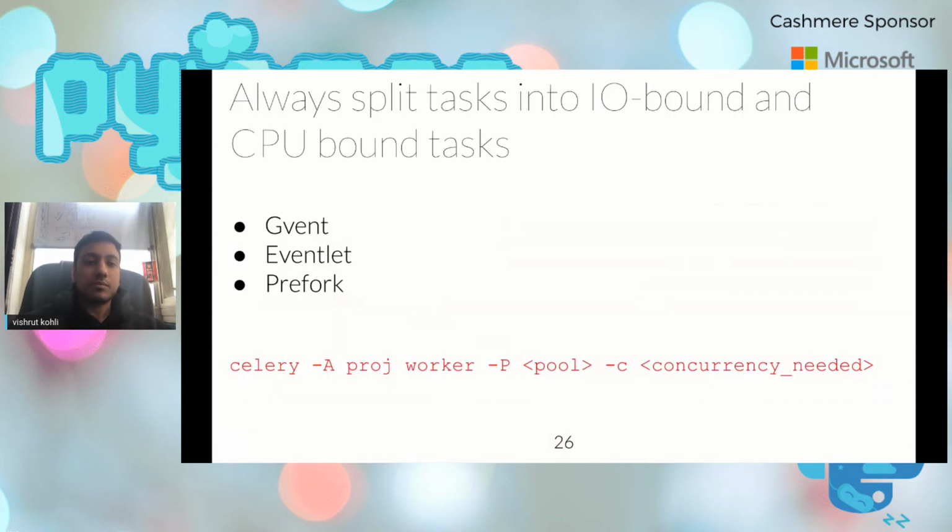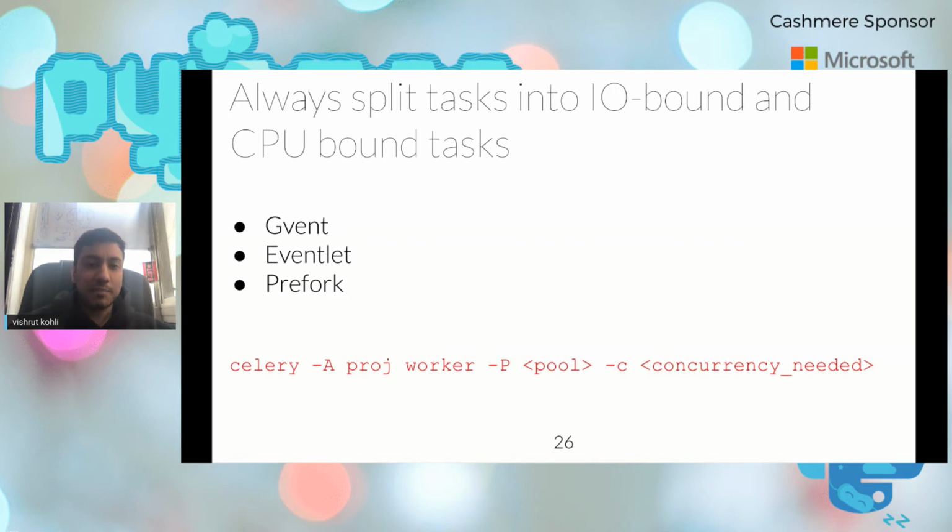So the next optimization would be to always split tasks into IO bound and CPU bound tasks. IO bound tasks are tasks in which a thread blocks the CPU and waits until an input or output is received. This makes the CPU unusable for the time it's just waiting.